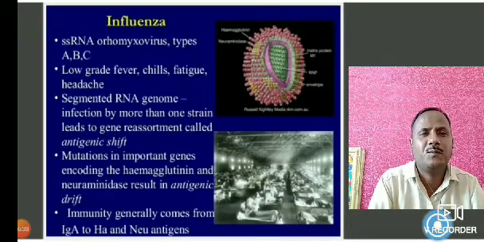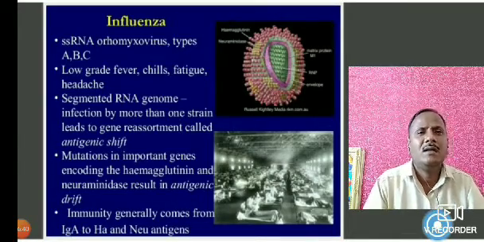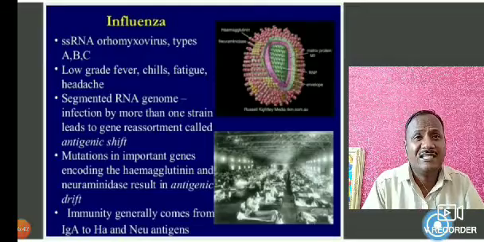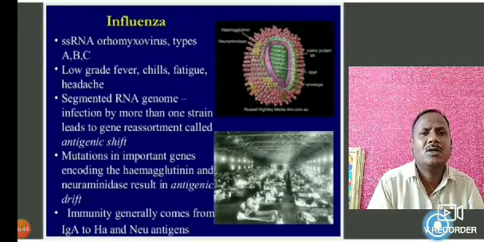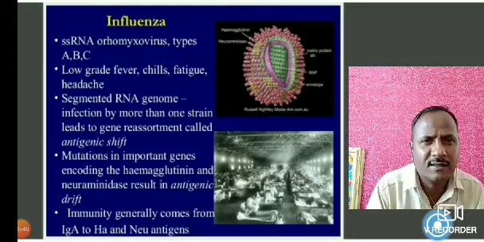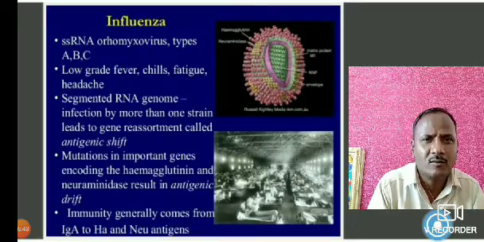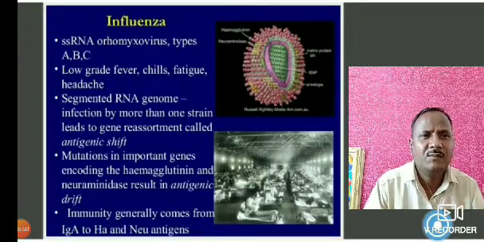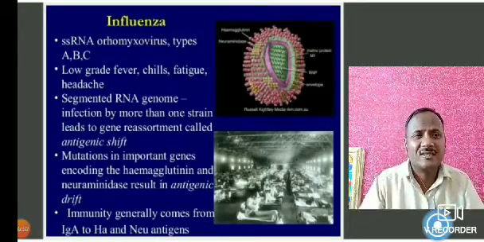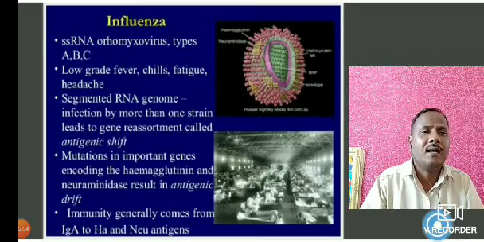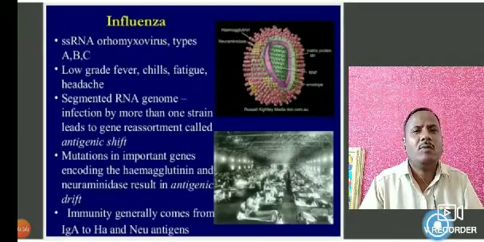It is a type of virus, and there are three different strains of such virus: A, B, and C. It means three different strains of such viruses are available in the environment.